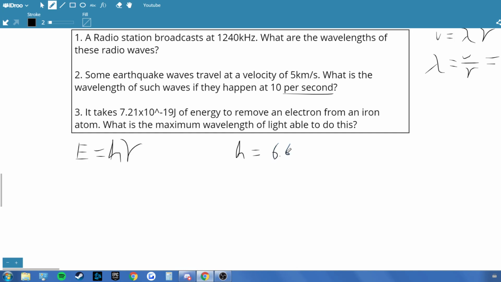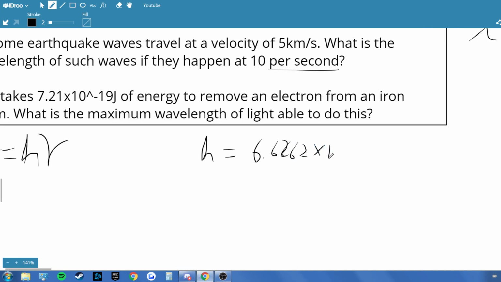It's 6.6262 times 10 exponent negative 34 joules times seconds.